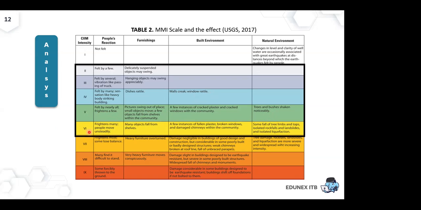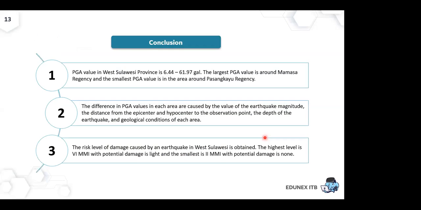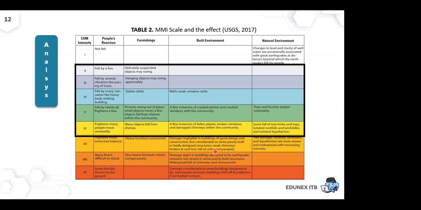And for 6 MMI, many objects fall from shelves, a few instances of fallen plaster, broken windows, and damaged chimneys within the community. Some fall of tree limbs and tops, isolated rock falls and landslides, and isolated liquefaction. And so on, like we can see in this table, for 2 MMI, 3, 4, 5, and 6 MMI.